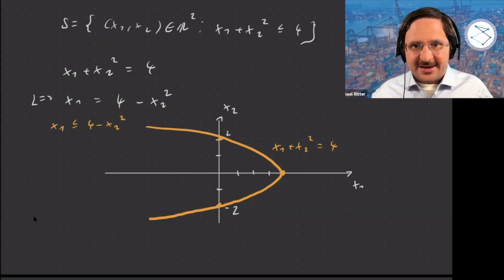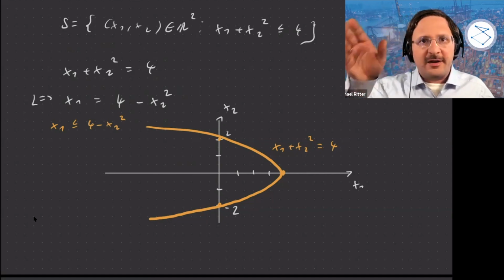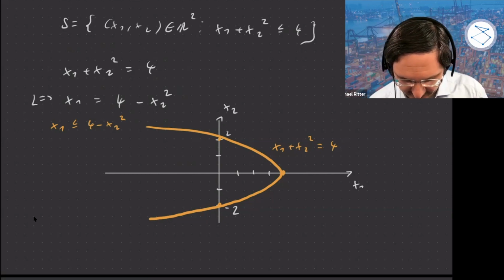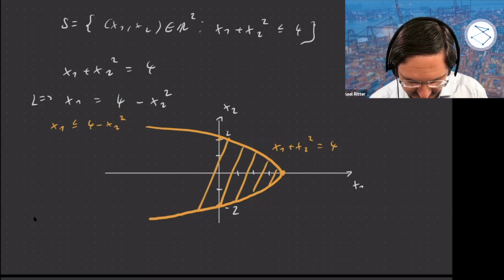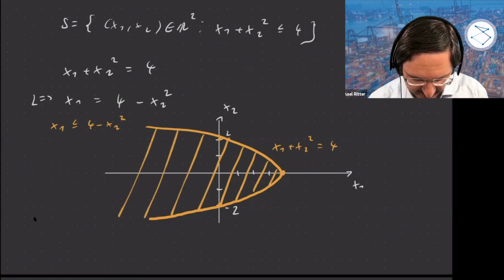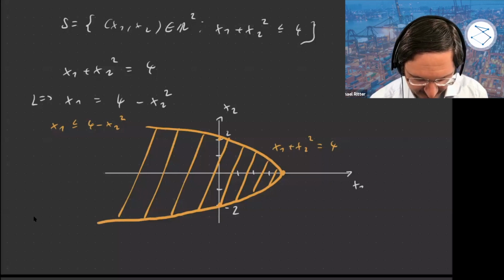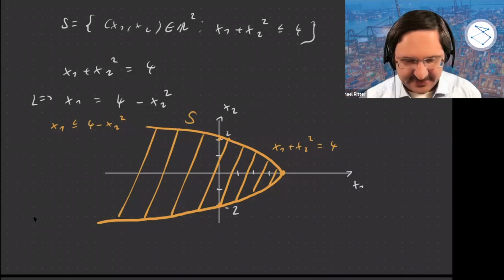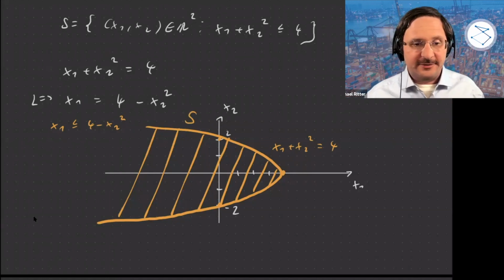So x1 is less or equal to the line given by that parabola. And that means x1 is somewhere in there. Right? So those are the admissible values here. And that means this is the set S that we're given here.